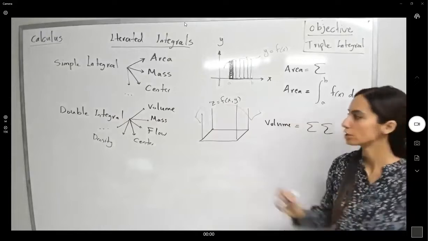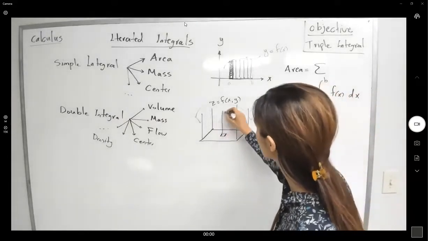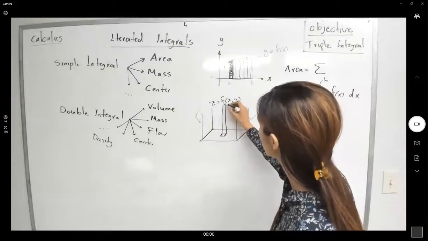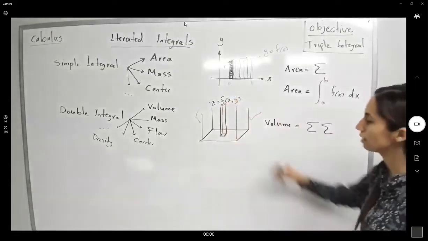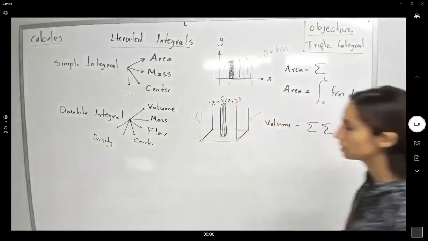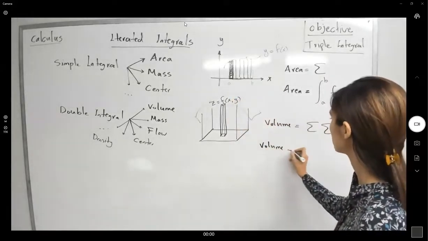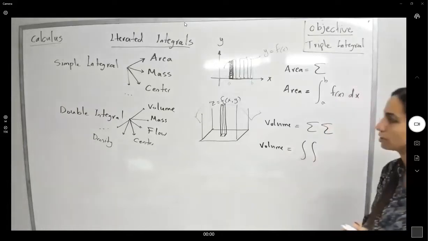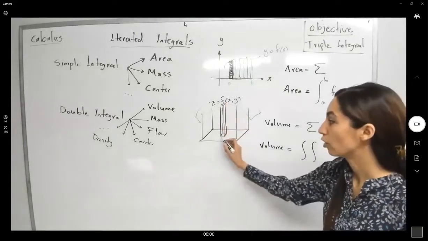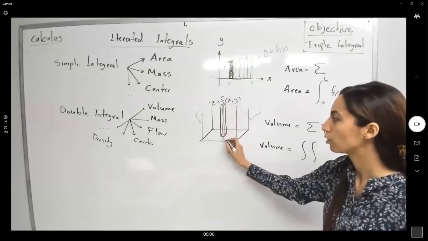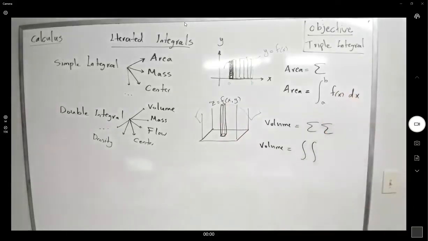And remember that then we are taking the limit, and these small volumes are getting smaller and smaller. We introduce the limit, and then this limit gives us the double integral. So the exact volume is equal to the double integral of the ceiling, the height, as we are moving from one point to another on the x-axis and y-axis.